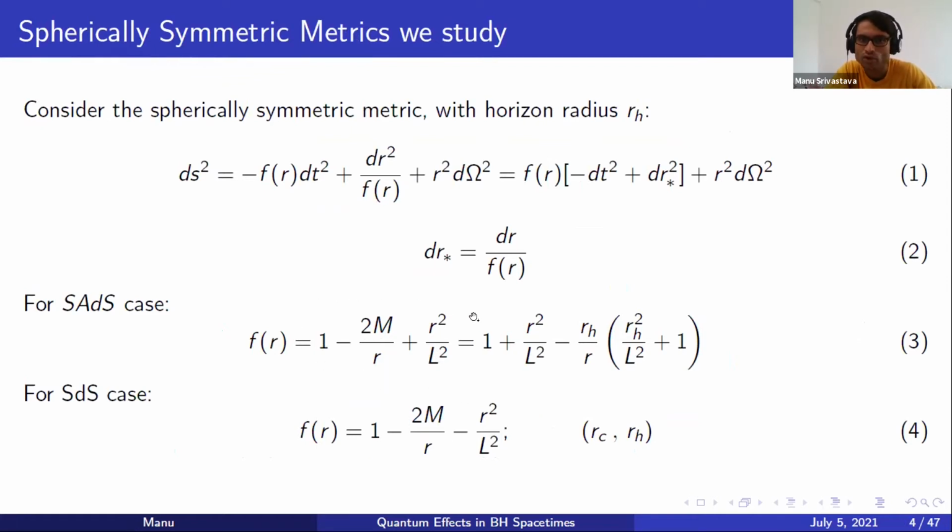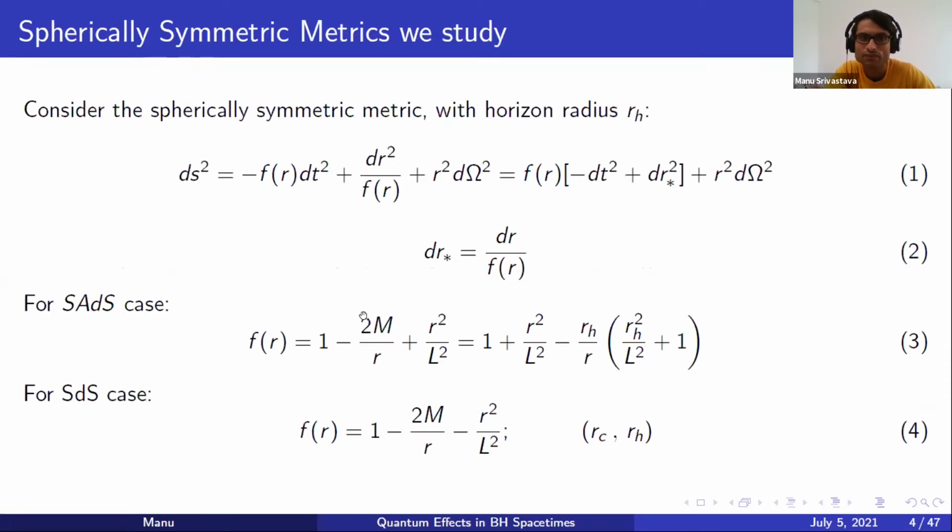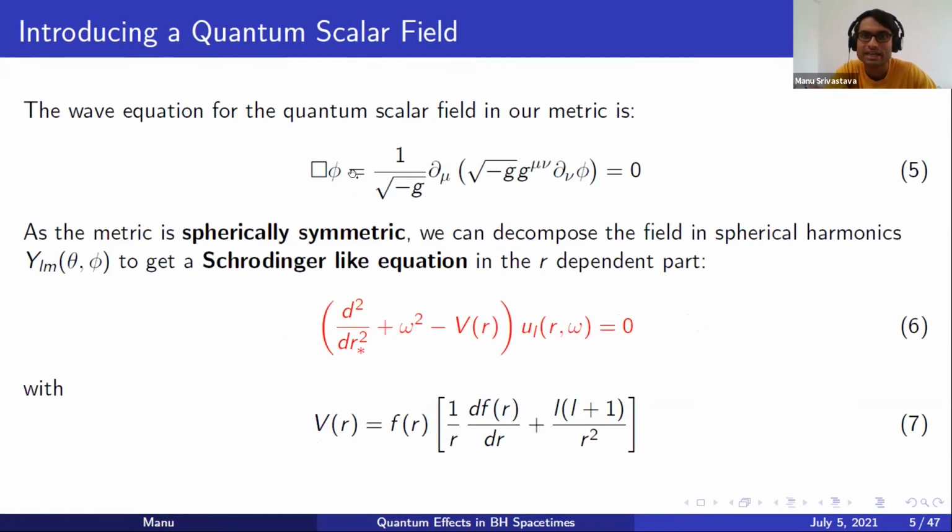In this f of r we have not included any fluctuation effects, which leads to equation 6. For the other wave equation, we include the plus delta m effects, that is the fluctuation effects, in f of r and substitute it back in equation 5, and corresponding to equation 6, we get a perturbed or fluctuated wave equation.